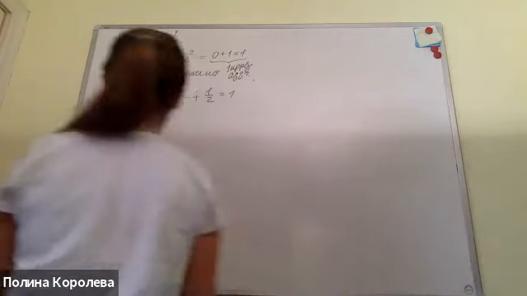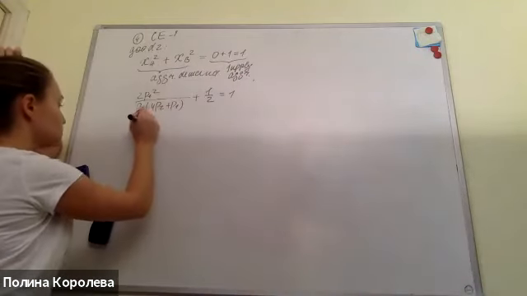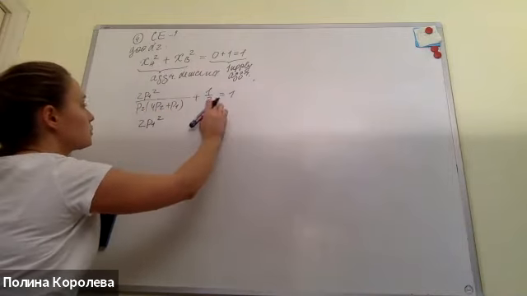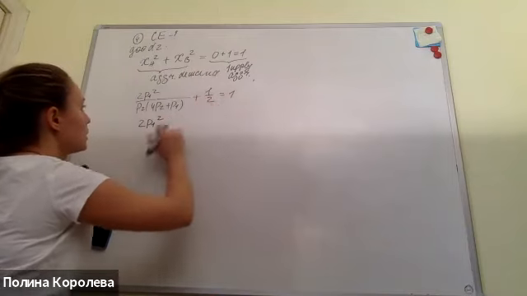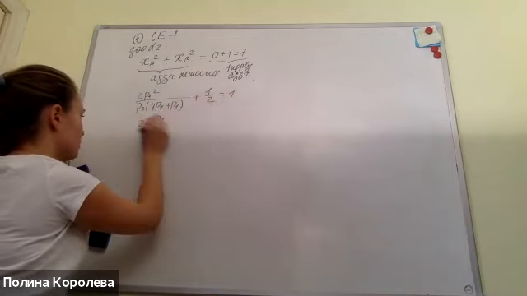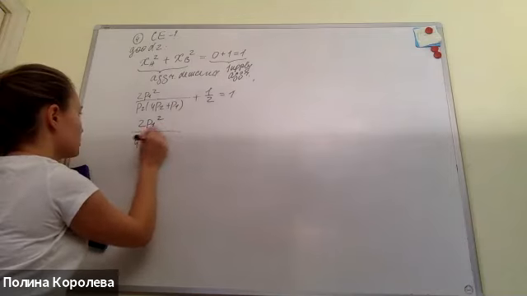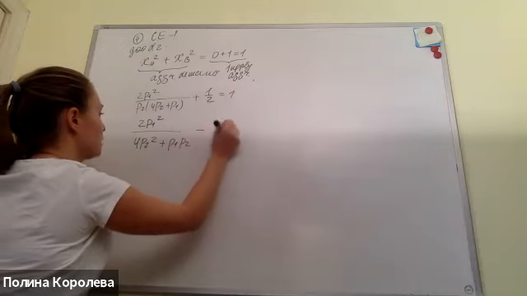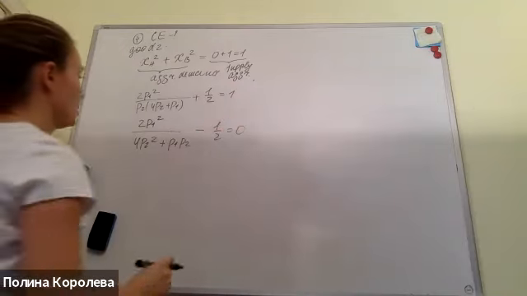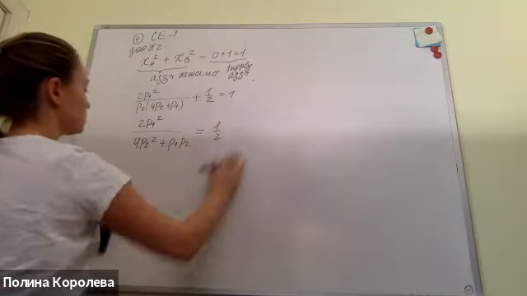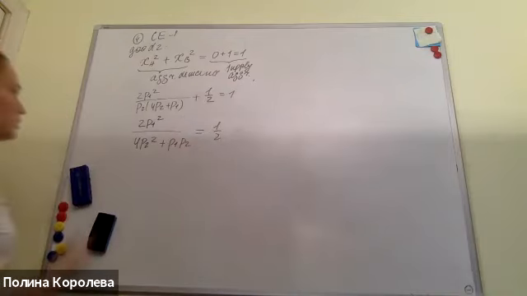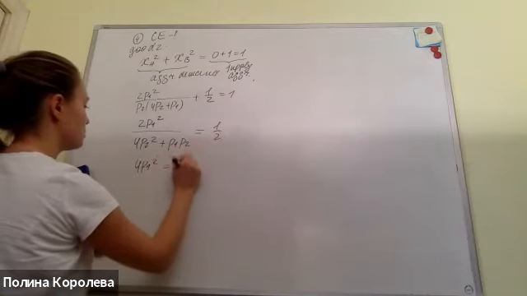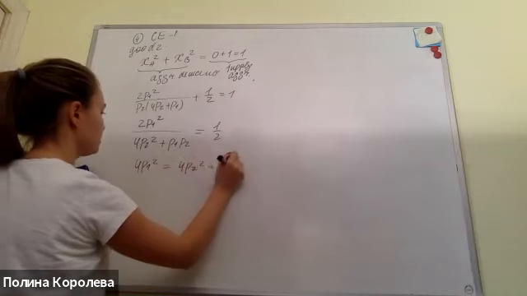Let's solve this. It will be 2P1 squared divided by 4P2 squared plus P1 P2, minus 1/2 should be equal to 1/2. So 4P1 squared will be equal to 4P2 squared plus P1 multiplied by P2.